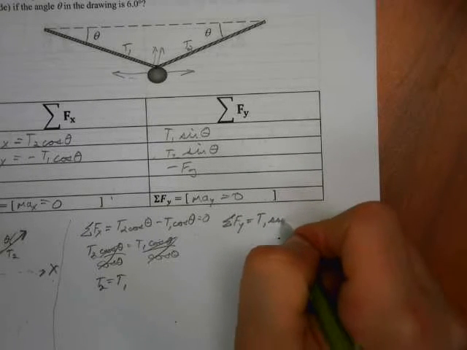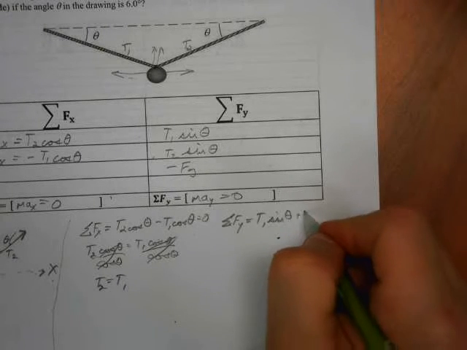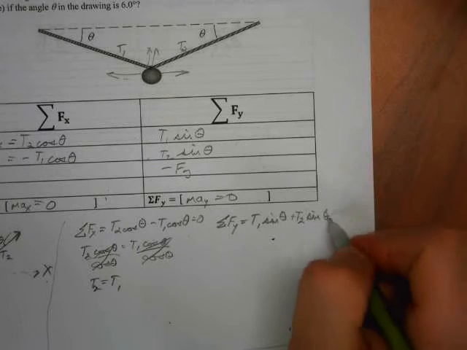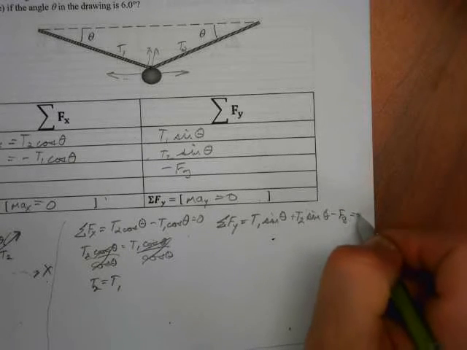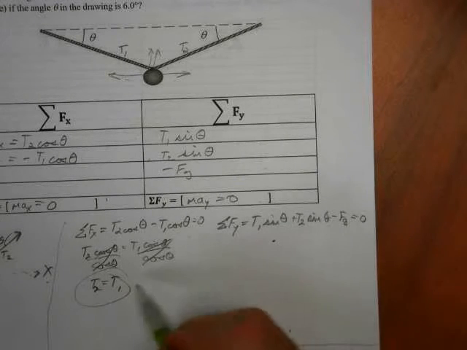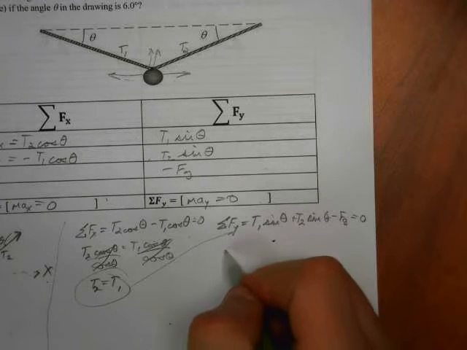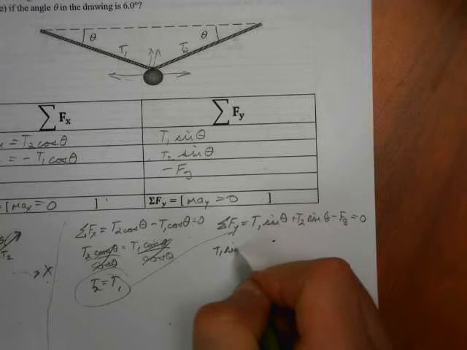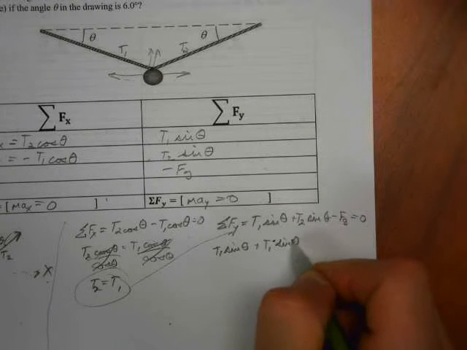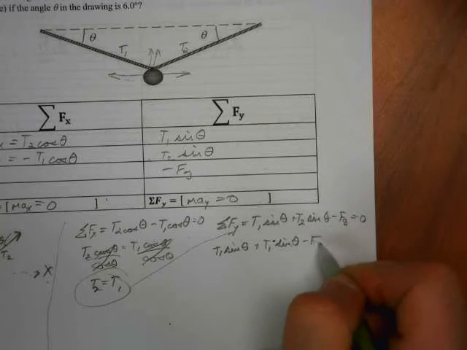T1 sine of theta plus T2 sine of theta minus FG equals 0. Well, we know now that T1 equals T2, so we can plug that in and say T1 sine of theta plus T1 sine of theta minus FG equals 0.